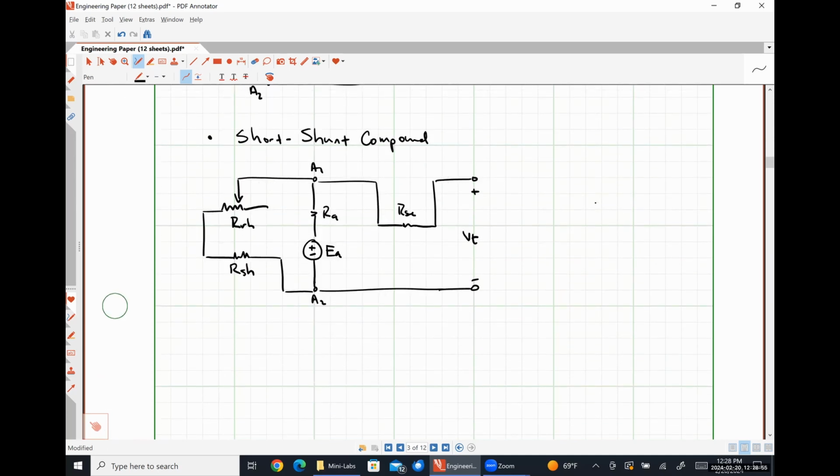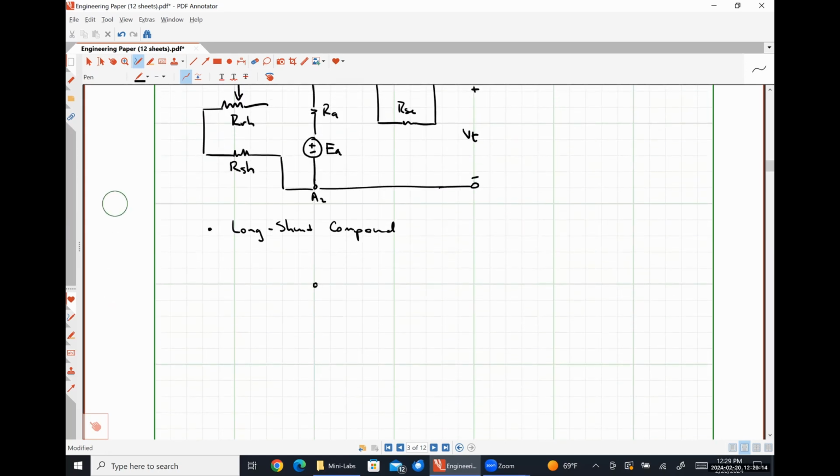And then lastly, we have the long shunt compound. So starting again with my armature circuit. Here's my series field winding.